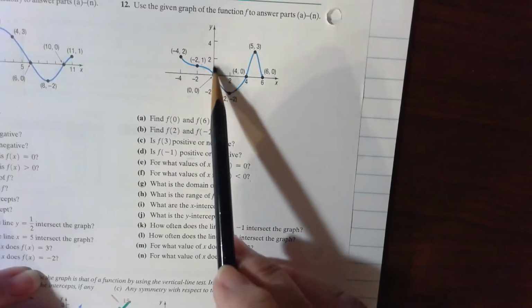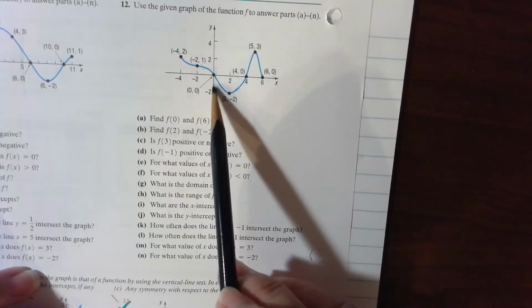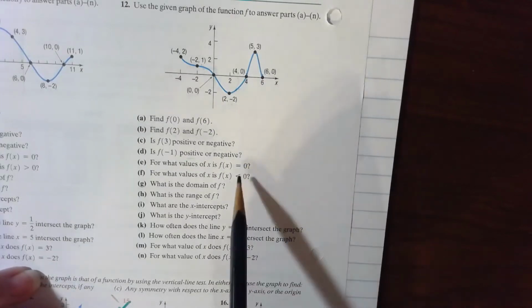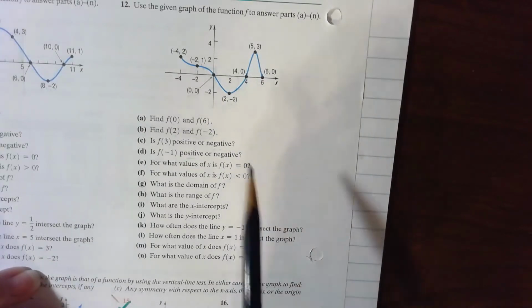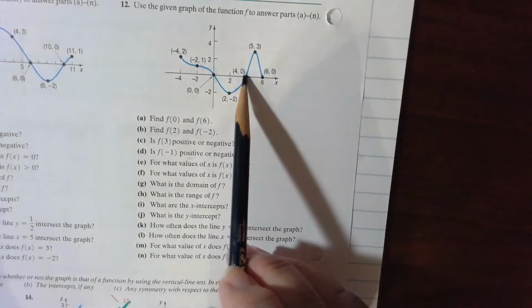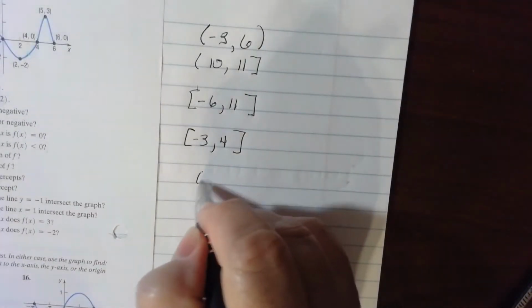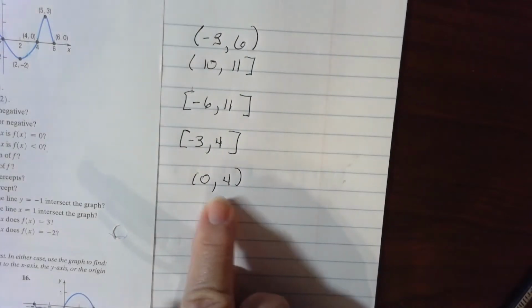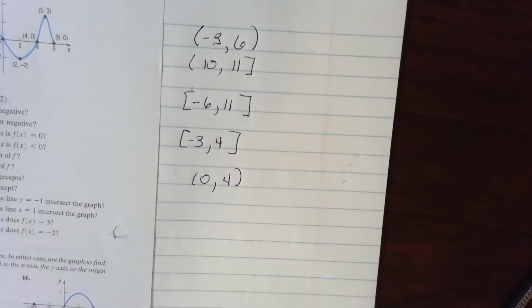And it starts when x is 0, and it ends when x is 4, but we don't want those 2 points because it actually makes it 0 there. So that's why you have to do from 0 to 4 with parentheses, because it doesn't actually include the 2 endpoints.